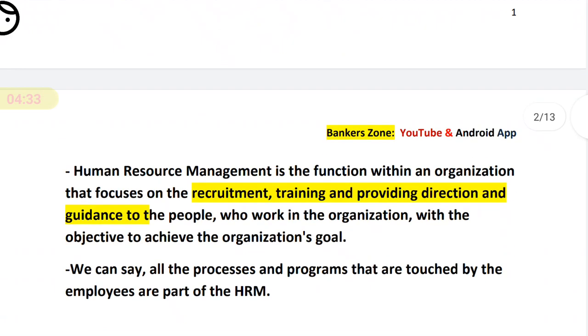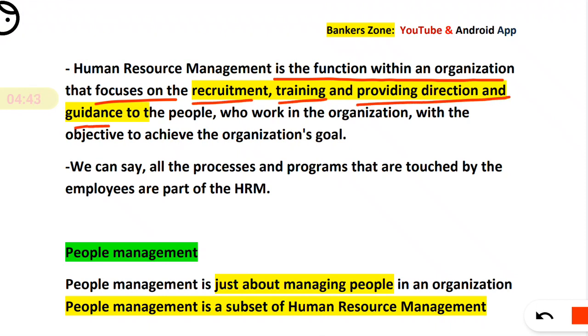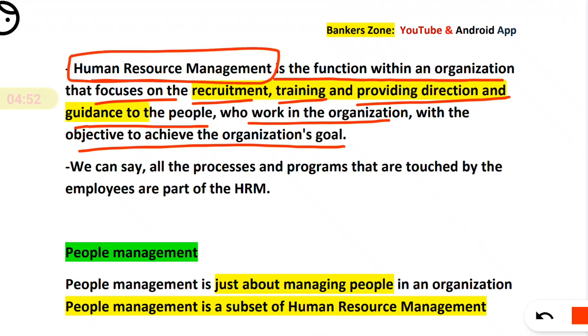Now see here, human resource management is a function within the organization that focuses on recruitment, training, and providing direction and guidance to the people who work in the organization with the objective to achieve the organization's goal. So basically HRM, that is human resource management, includes your recruitment process, training of the employees, and providing them guidance and direction.